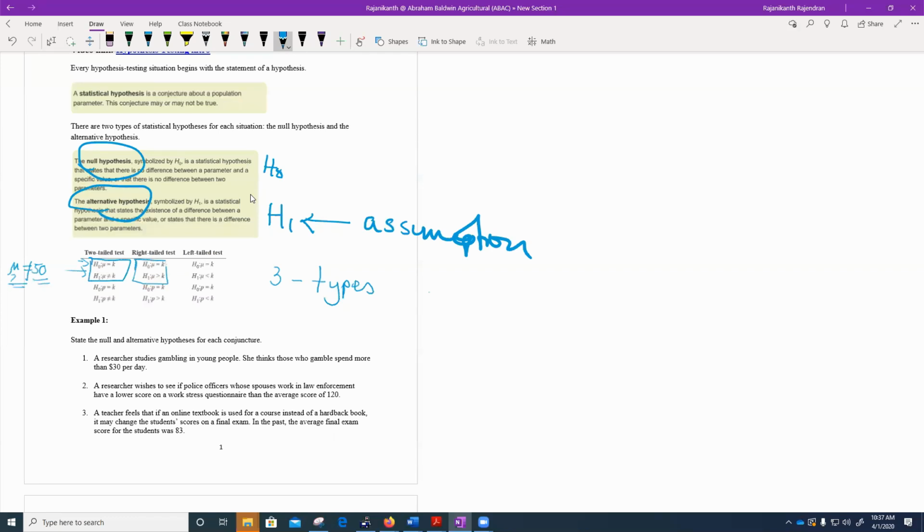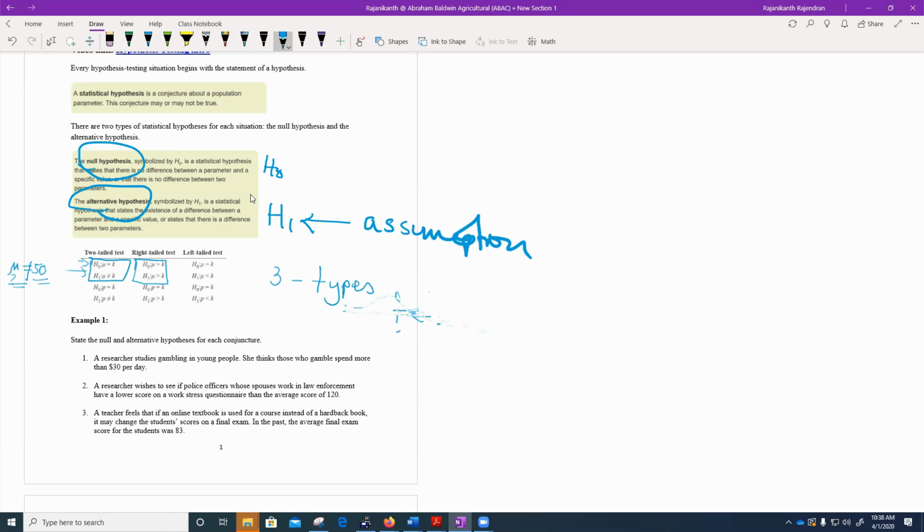For the right tail test, your alternate hypothesis says you have some doubt that your population mean is bigger than 50, right? Remember, bigger than means what? If you have a curve, bigger than is always the right side. That is why you have the right tail test.